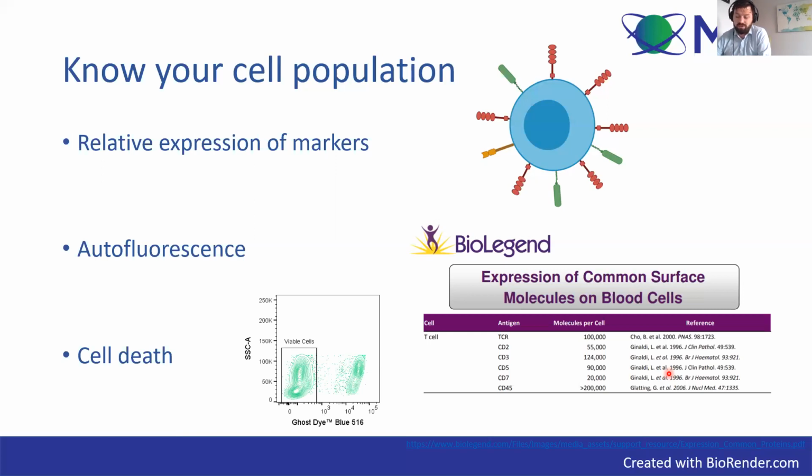So you really want to check that your staining protocol is staining all your cells, but not killing them all at the same time. It's a good idea always to have a cell viability dye in your experiments so that you can exclude the dead cells at the beginning of your gating strategy. This is becoming easier and easier recently. You can get fixable viability dyes now, like Ghost Dye from Tonbo, which make this much easier and more flexible. And they come in all the different colors as well, so you can fit them into any panel really.